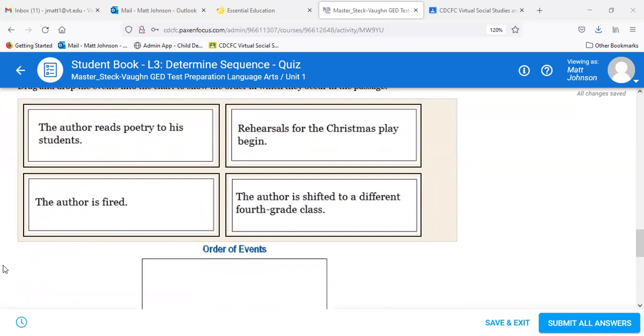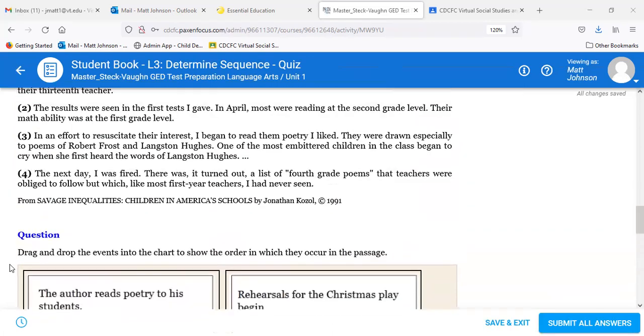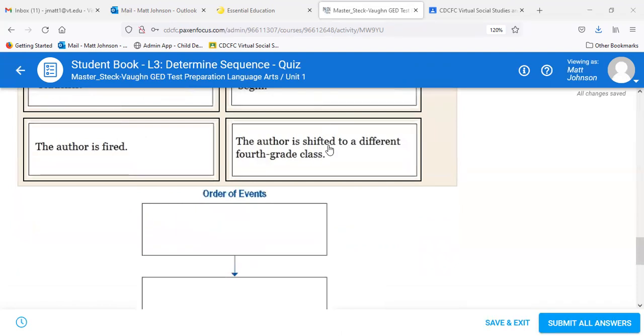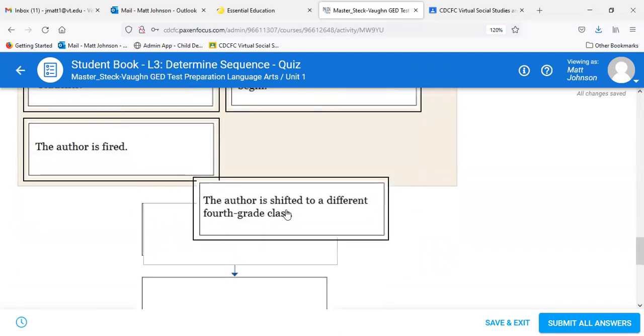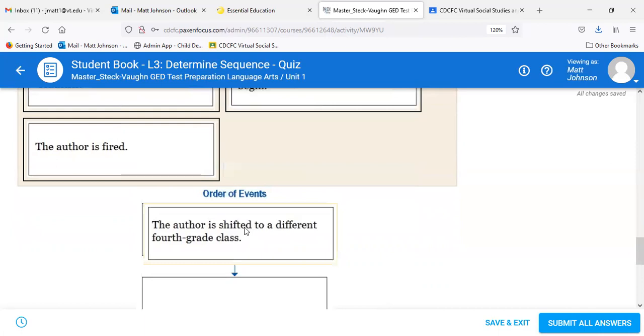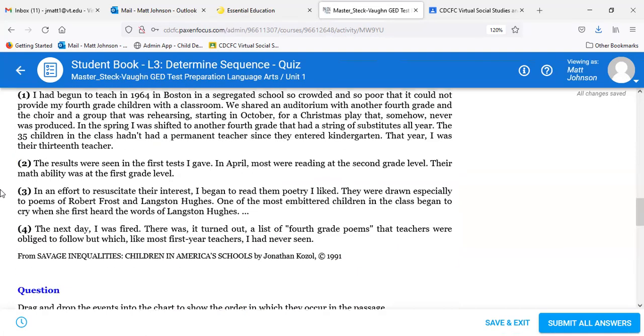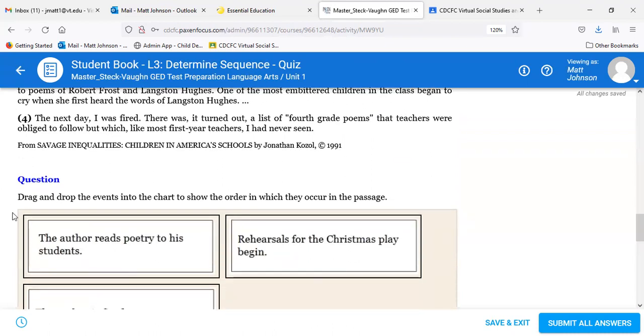So which of those events did we encounter first in the passage? The author is shifted. Yep, the author is shifted to a 4th grade class. And then rehearsals for Christmas play begin. Not yet. Okay. The author reads the poetry to his students.